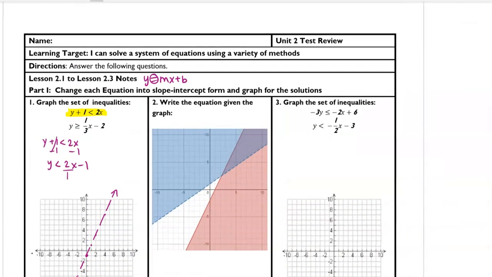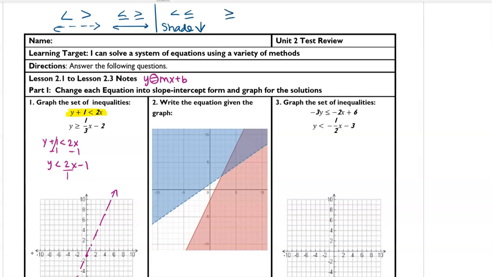So as you may recall, or you should, when we have less than or greater than, this is a dashed line. When we have less than or equal to or greater than or equal to, it is a solid line. As for the shading, if we have less than or equal to, we shade below.